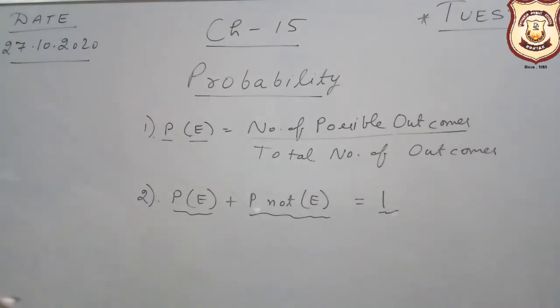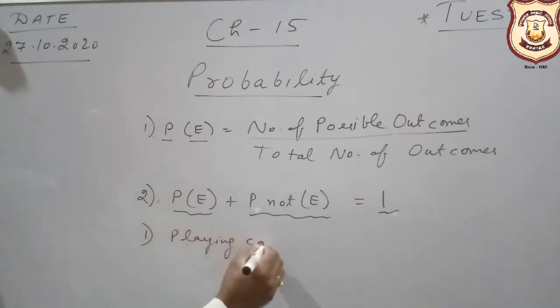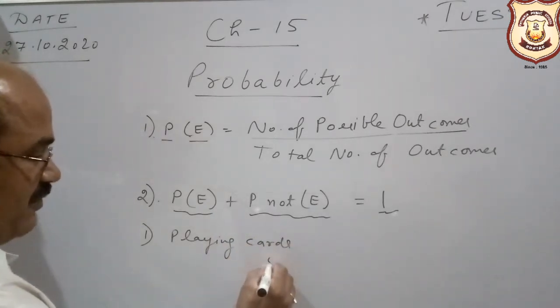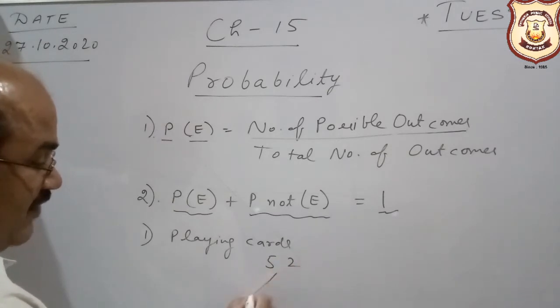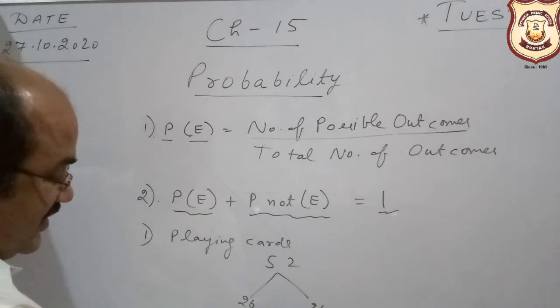And students, here the concept of playing cards, you know. Total cards 52, divided into two equal categories of 26.